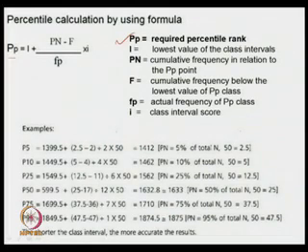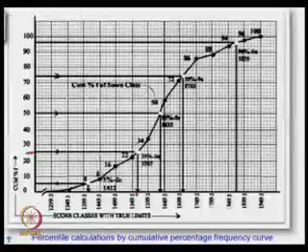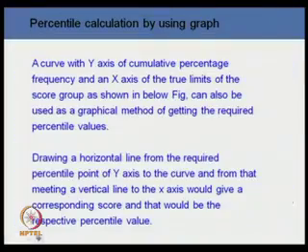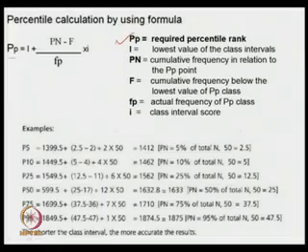If we require the 5th percentile, then Pp would be 5, P5. Then L is the lowest value of the class interval, the lowest interval of the class, plus 2.5, means the cumulative frequency in relation to the Pp point, means we want 5.